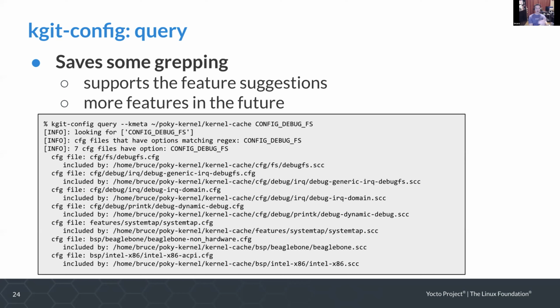So we have a fragment config debugfs.cfg, and it's included by this feature and different config files that are turning it on. So you can find out right down to some of the BSPs that are turning this on directly when they probably shouldn't. It saves a little bit of grepping, and it might be easier for the new user to figure out what fragments provide what and where they're included from and how they're used. And if it turns out to be useful, I could add all kinds of things that would draw dependency trees and different things between the options.